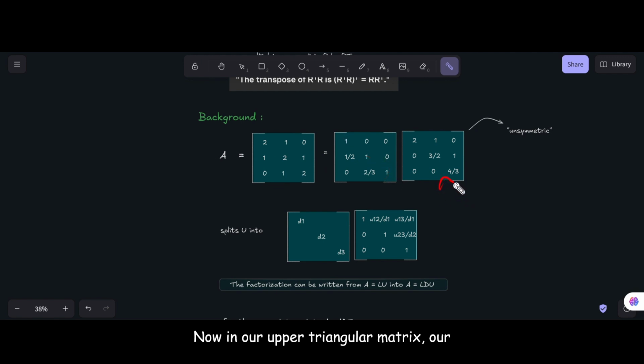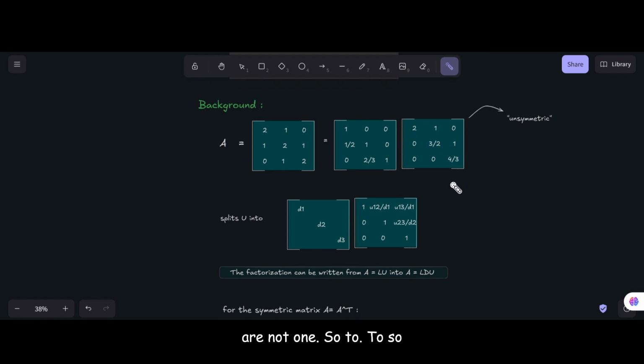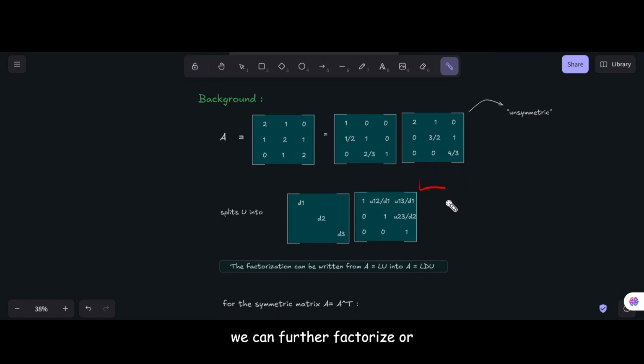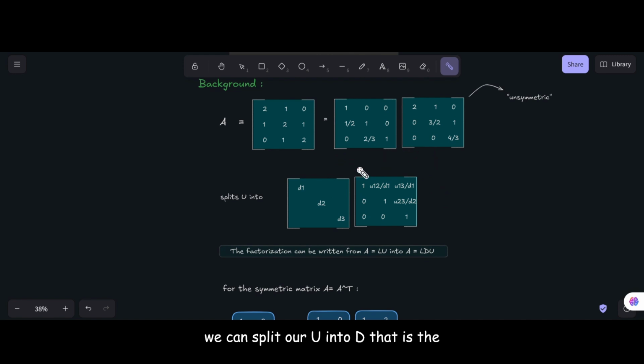Now in our upper triangular matrix, the diagonal entries are our pivots only, right? Although these are non-zero entries, they are not 1. So we can further factorize U into D, the diagonal matrix, and a modified U. We take the upper triangular matrix and modify it so that the diagonal entries are 1.